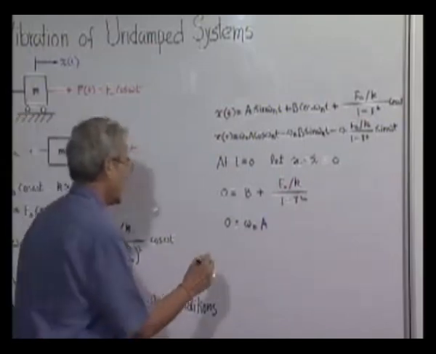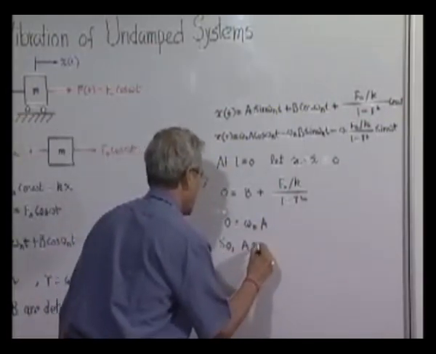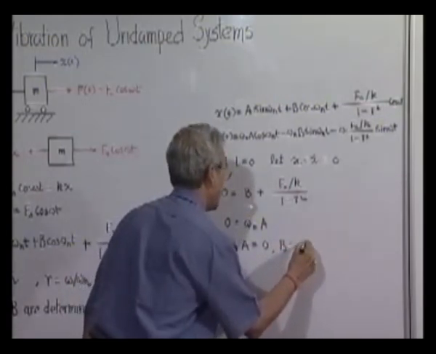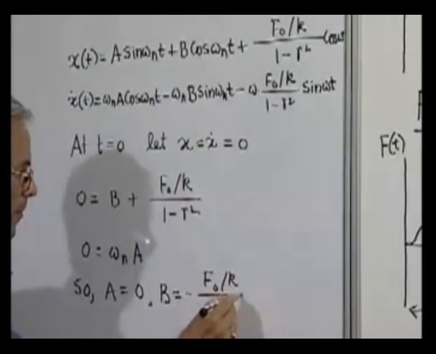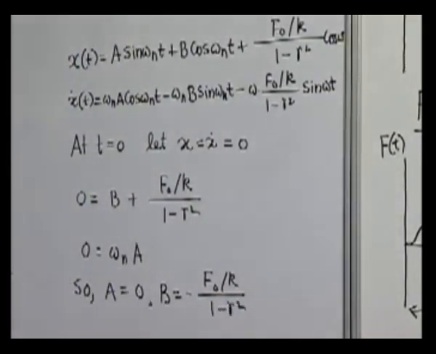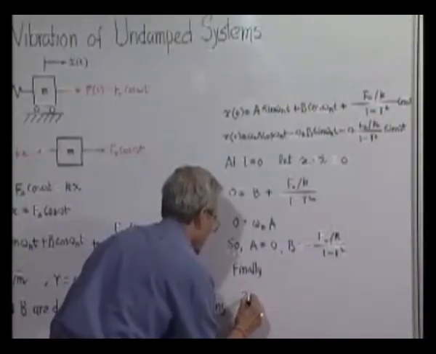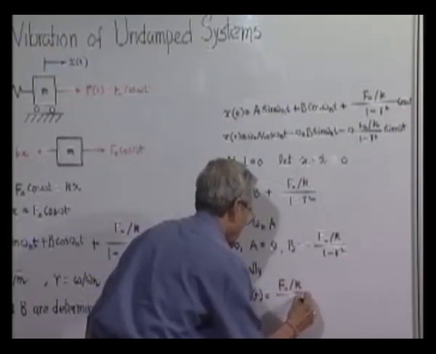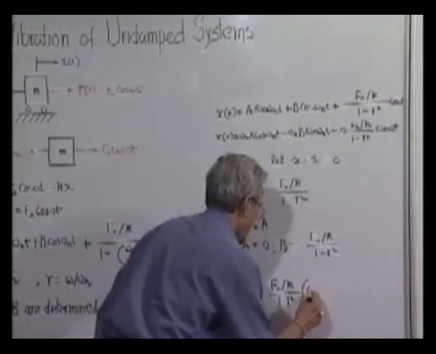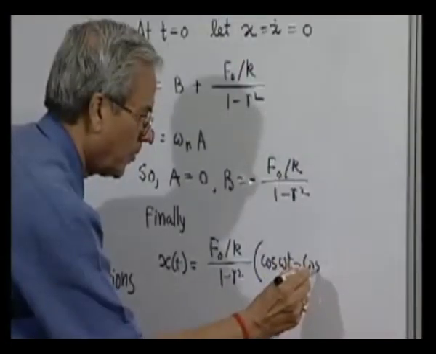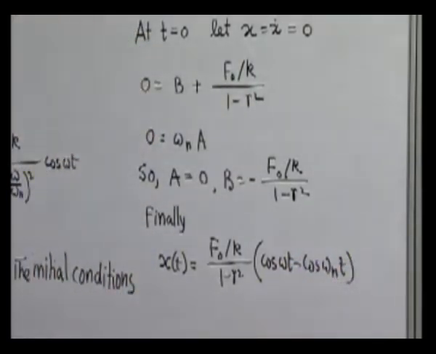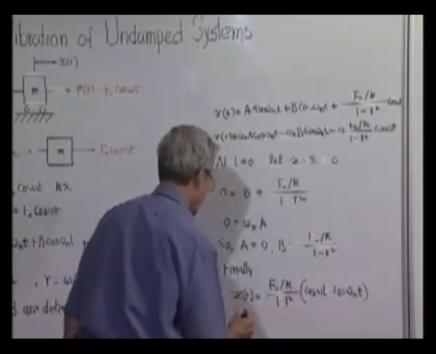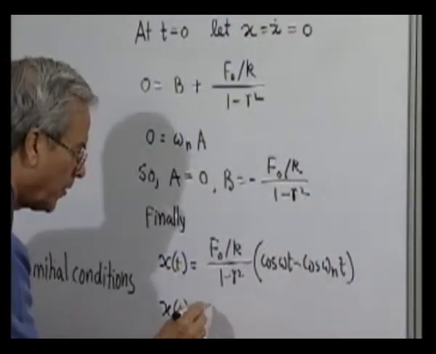So the two conditions we get: A equal to 0 and B equal to minus, and the solution becomes. This can be written in a slightly different form.